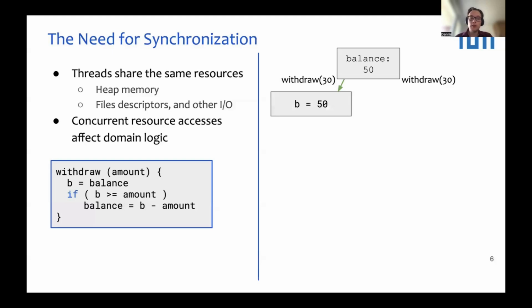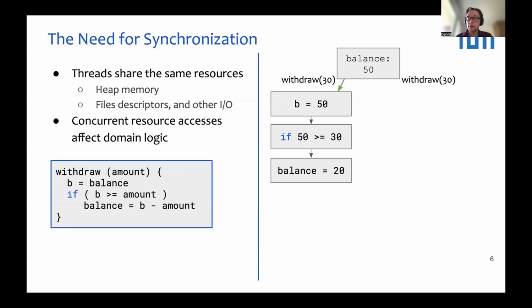What would happen here, for instance, is that we read the global balance variable, which is 50, and we see that 50 is larger than the 30 we want to withdraw, and then we actually withdraw it by subtracting it from the balance on the left thread.